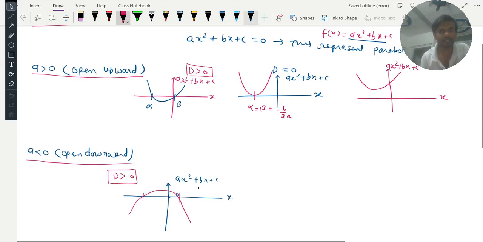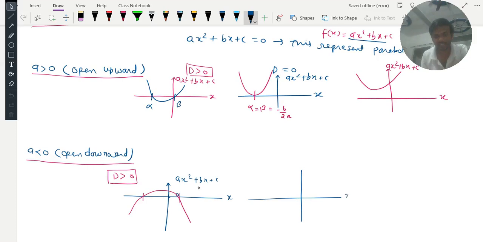Similarly, if the value of the discriminant is equal to 0, the parabola will touch the x-axis at one point, or alpha is equal to beta.